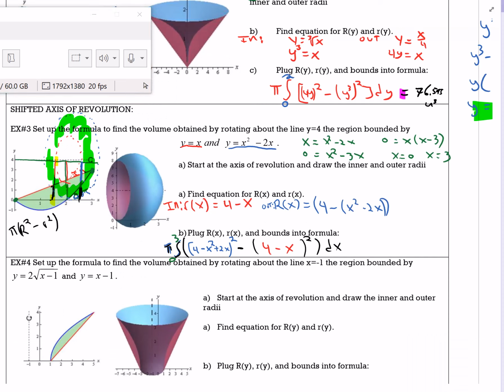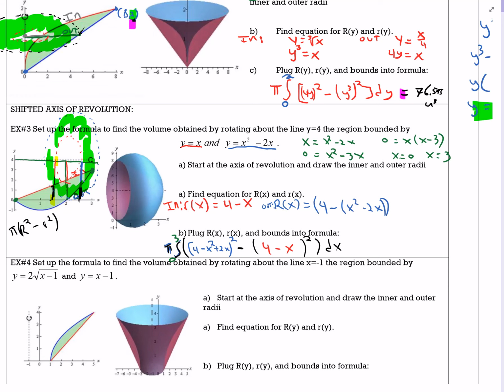So it's pi times the integral from 0 to 3 of my outer radius, which is that function, minus my inner radius squared with respect to x, and when we do this, we get 96.1327, which you can see is the same answer that the little app gave me.